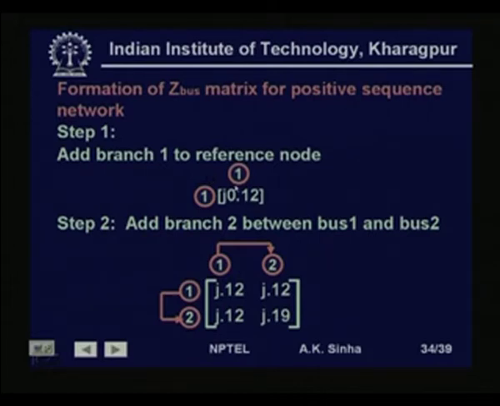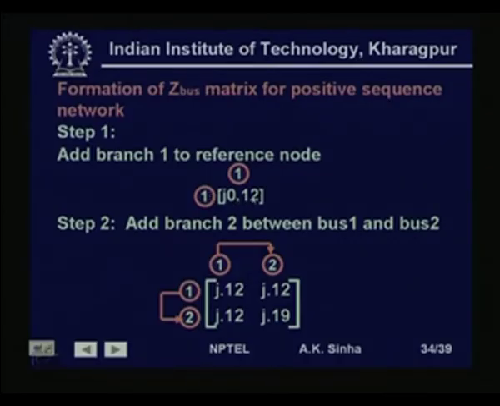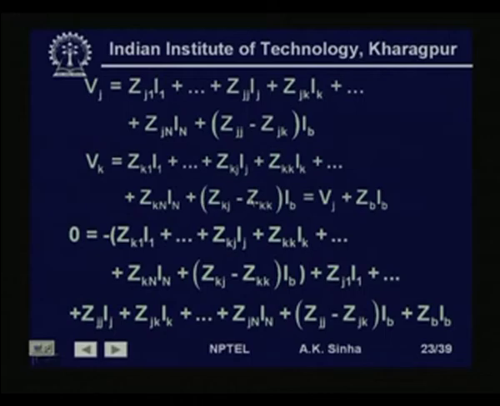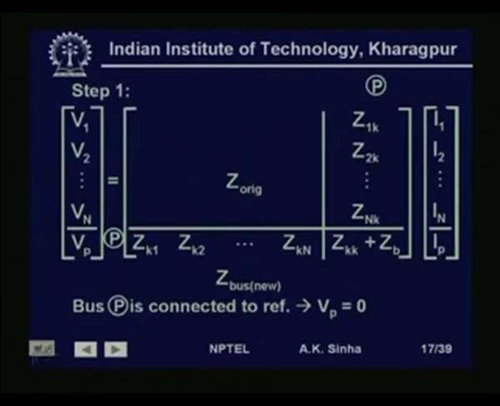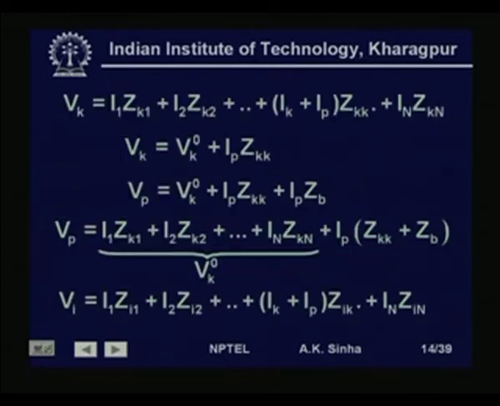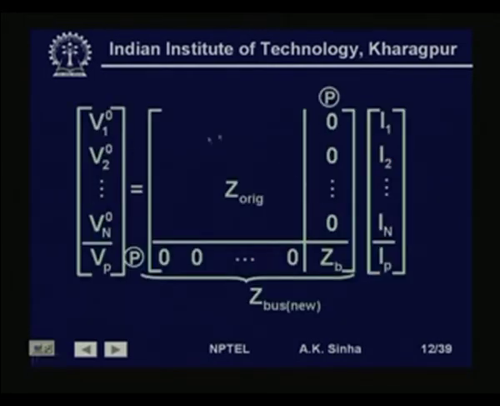So, we get a 1 by 1 matrix for this, which will be simply ZB, because the initial matrix we have here is 0 by 0, and there is no row and column, since the original matrix itself is empty.